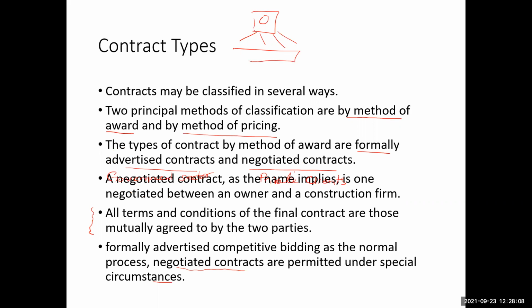The advertisement is placed in public, so anyone can reply to that advertisement. Whereas in the negotiated contract, you just approach a specific contractor and try to negotiate the price with them. That is the only difference.